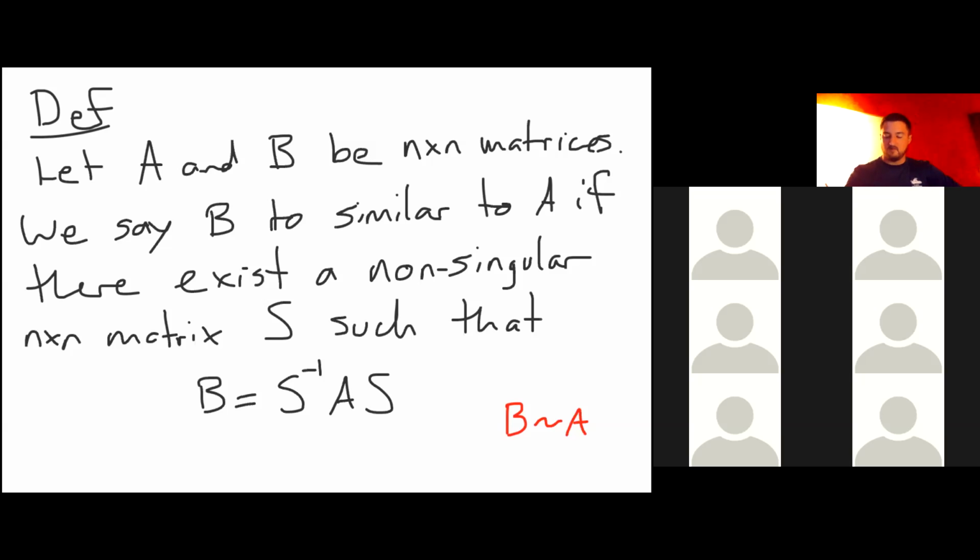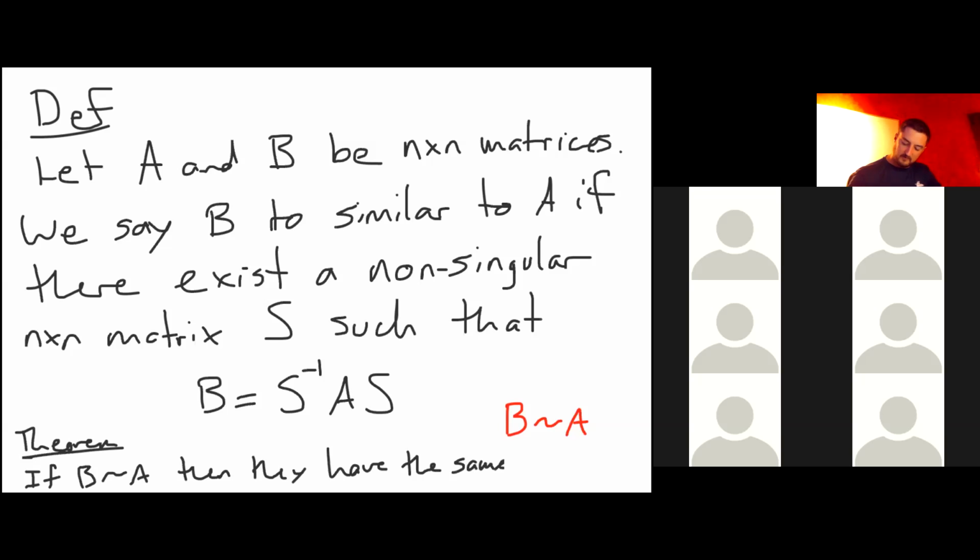One of the reasons why we care about looking at similar matrices is because there's a theorem. We'll do the full statement because we're out of time. The theorem says that if A and B are similar, then they have the same eigenvalues.